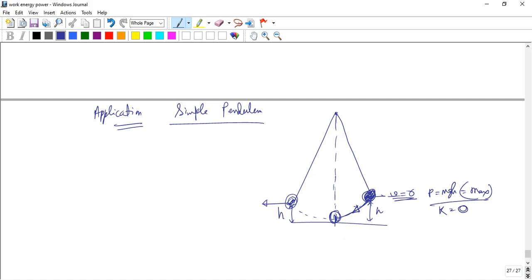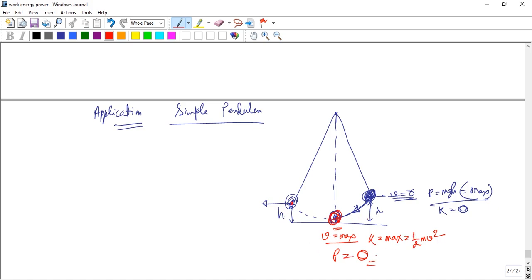At the bottom point, the velocity is maximum, so the kinetic energy is maximum, half mv squared. But if the kinetic energy is maximum, the potential energy is 0. The total energy is constant, a fixed value.